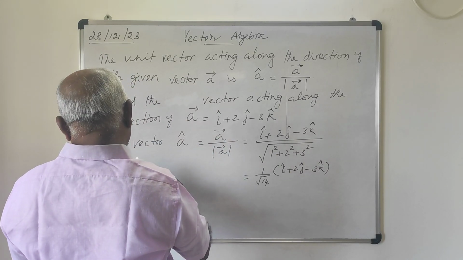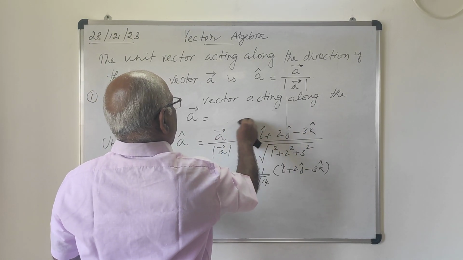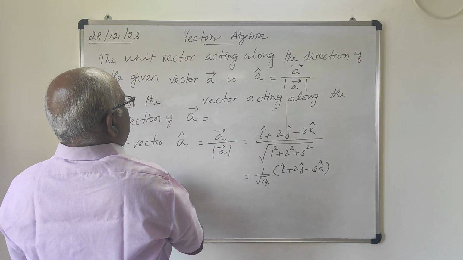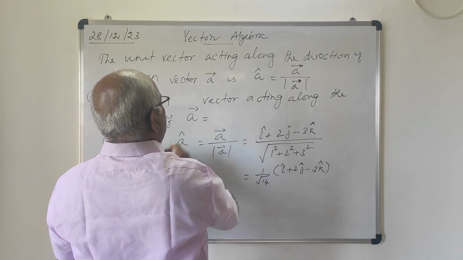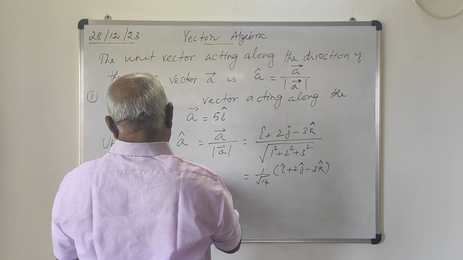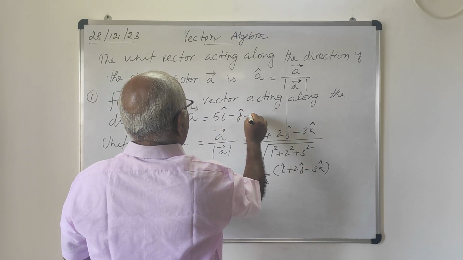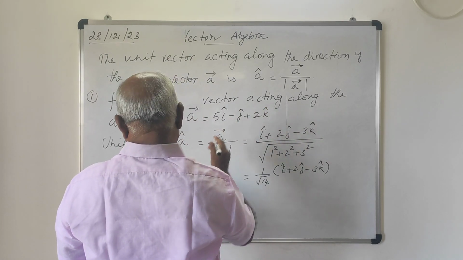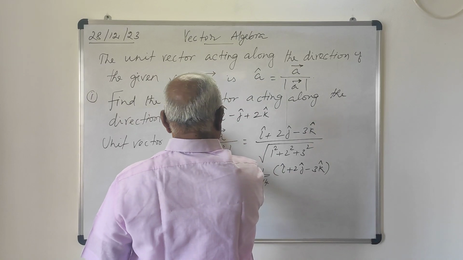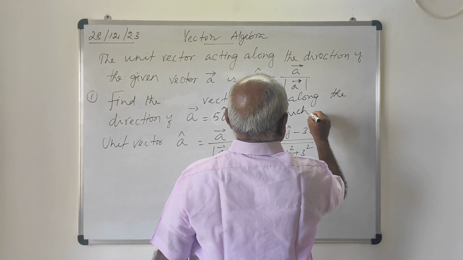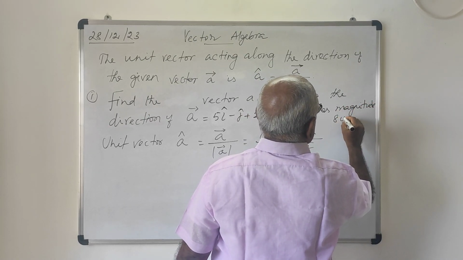Find the vector acting along the direction of the vector A equal to 5i minus j plus 2k, which has magnitude 8 units. That is the problem.